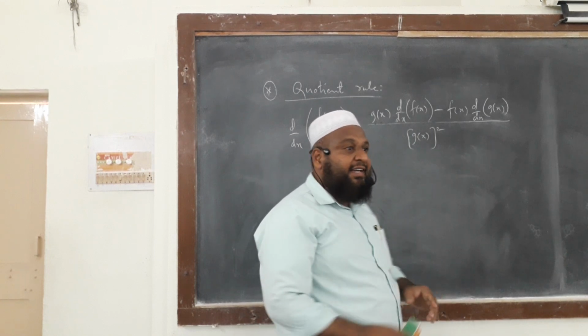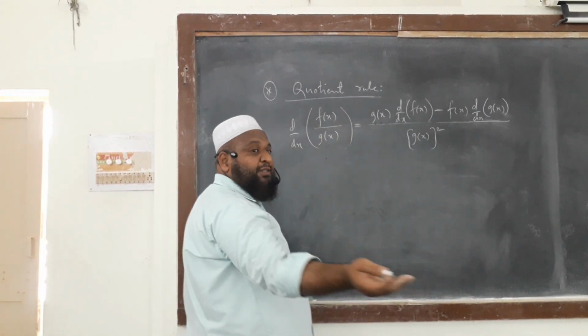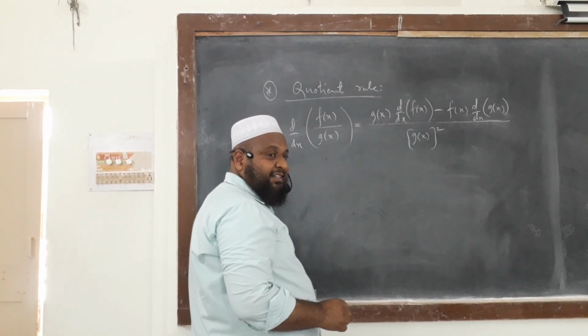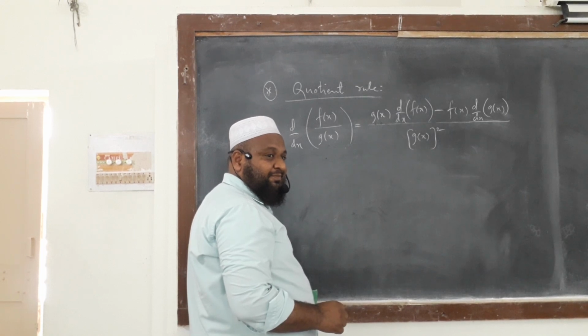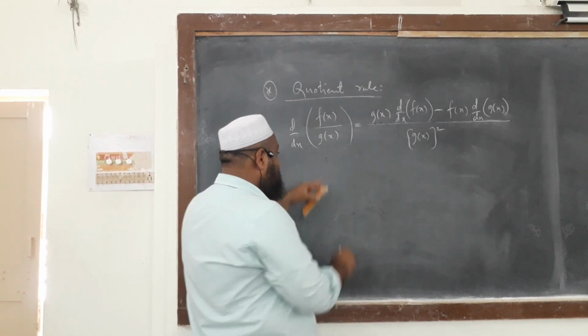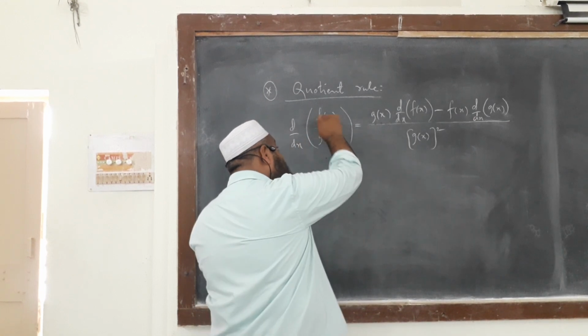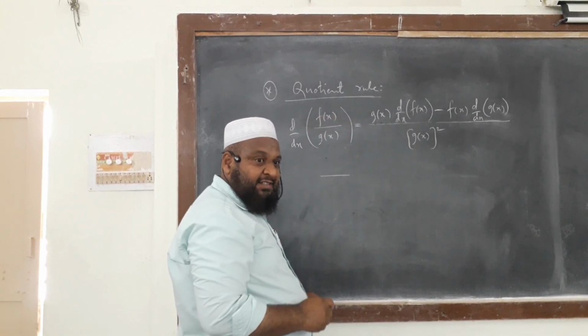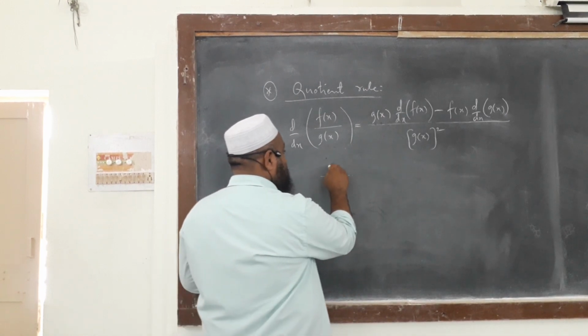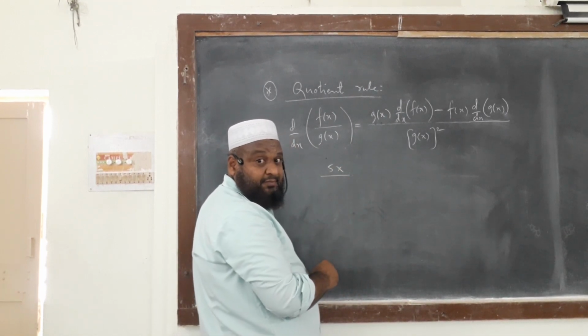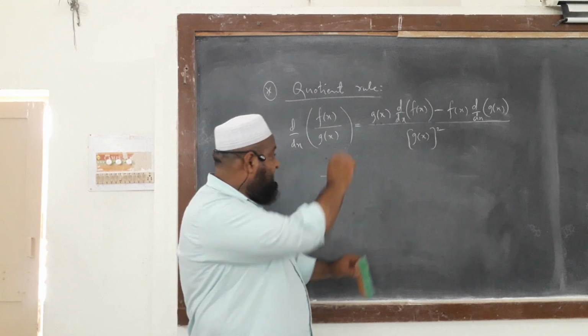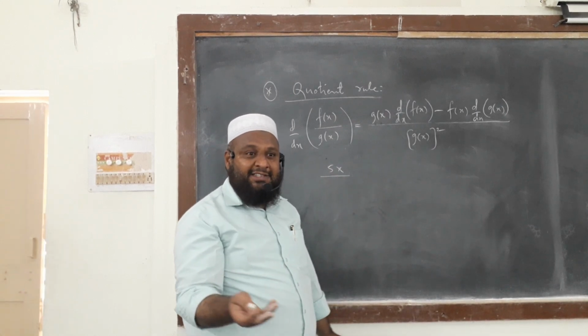Now we will take up the basic functions. You tell some function in the place of f of x. F of x, you tell some function. f of x is some function of x, say 5x, 8x. It will get cancelled and 5 by 8 will be a constant.